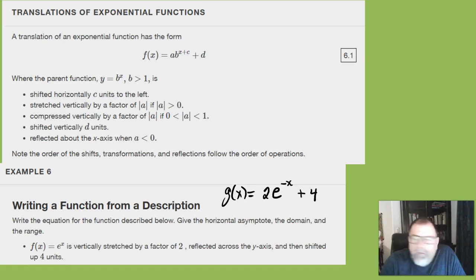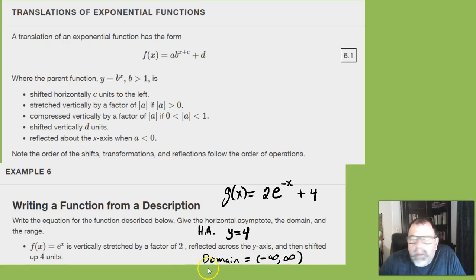So now, what's the horizontal asymptote? We shifted it up 4, so instead of y equals 0, it'll be y equals 4. The domain is going to remain unchanged, so your domain's going to be negative infinity to infinity.